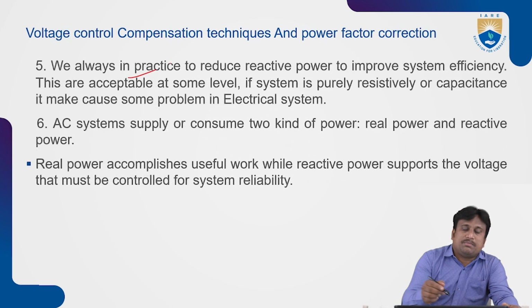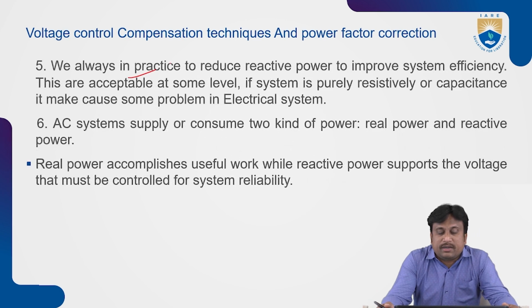In practice, this is to reduce the reactive power to improve the system efficiency. This is acceptable to some levels if the system is purely resistive or capacitive. An AC system supplies or consumes two kinds of power: real power and reactive power.